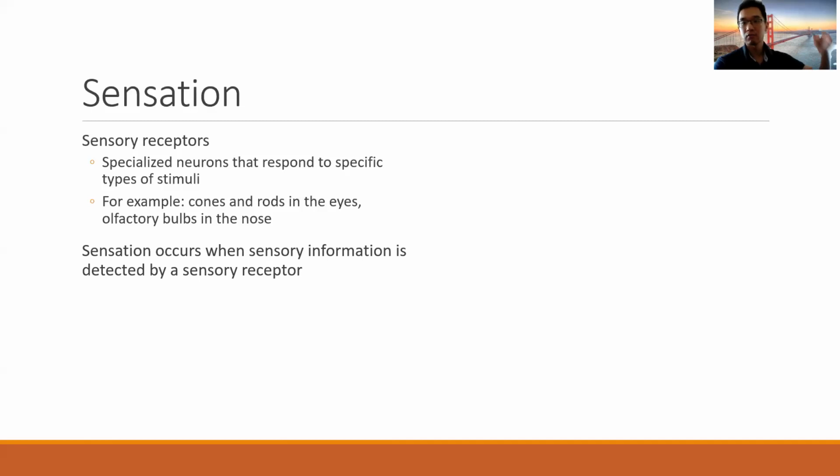Sensation happens when sensory receptors detect or receive that information. When those lights, sounds, and textures are transferred into signals inside the neural system by the sensory receptors, that's when and where sensation occurs.